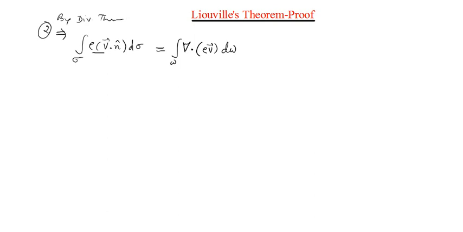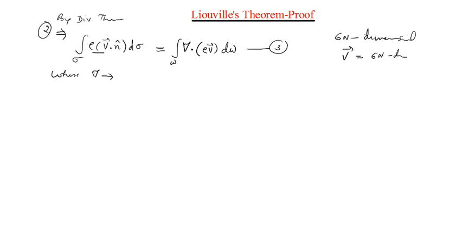Let me say that this is equation number 3, where we have to particularly mention one thing: what is this del? We can say that del is the gradient operator, but what will be the dimensionality of this del? We have seen that we are dealing with a 6n dimensional phase space. Since it is a 6n dimensional phase space, the velocity vector will be 6n dimensional, 3n dimensions for qi and 3n dimensions for pi.